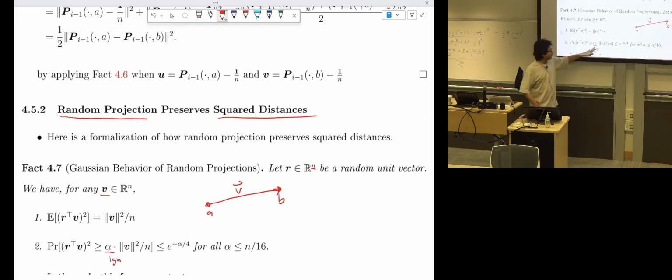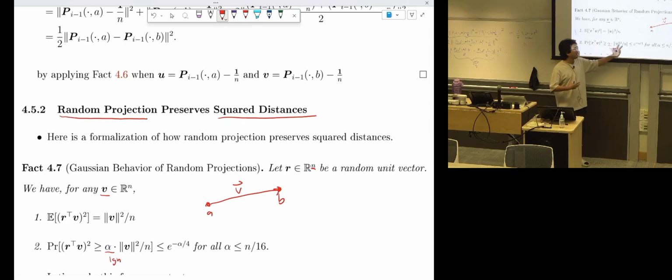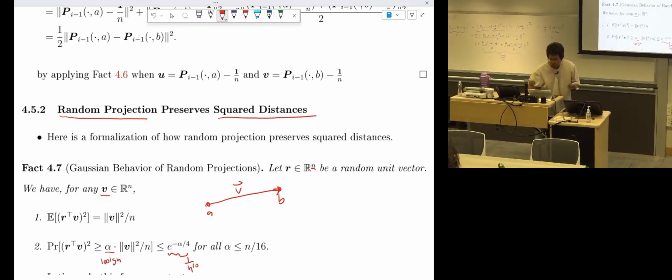So if alpha is like 100 log n, this is like 1 over n to the 10, something like that.